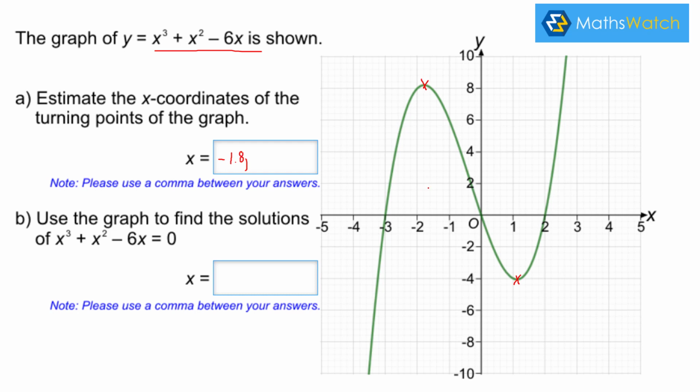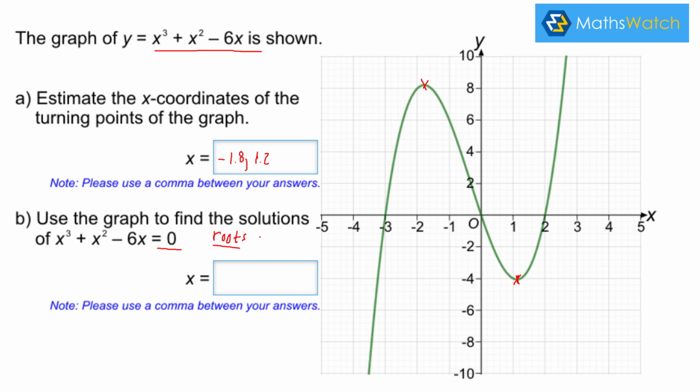So I think that's minus 1.8, and it says a comma between your answers, and x equals, now that is either 1.2 or 1.1. It's sort of halfway, but I think that is 1.2, x equals 1.2 there.